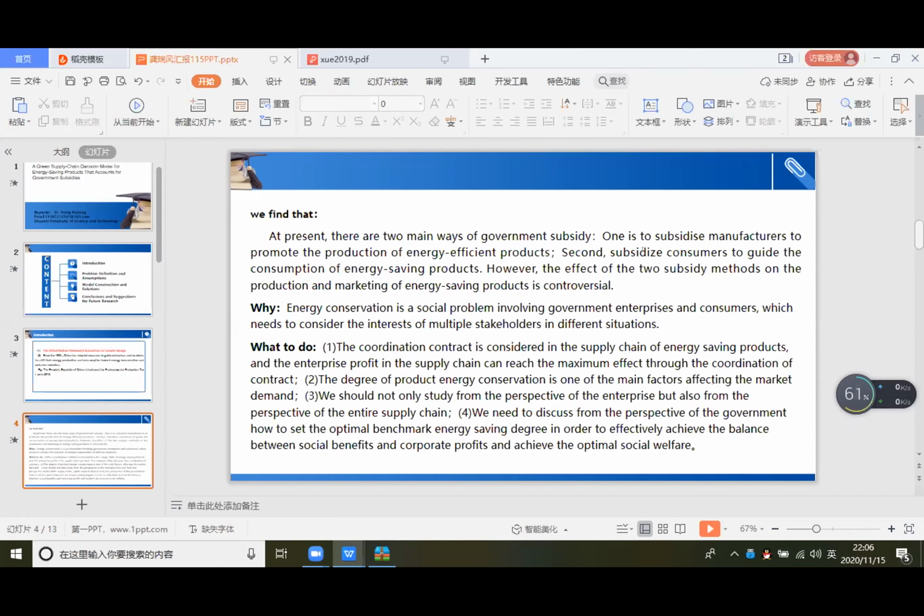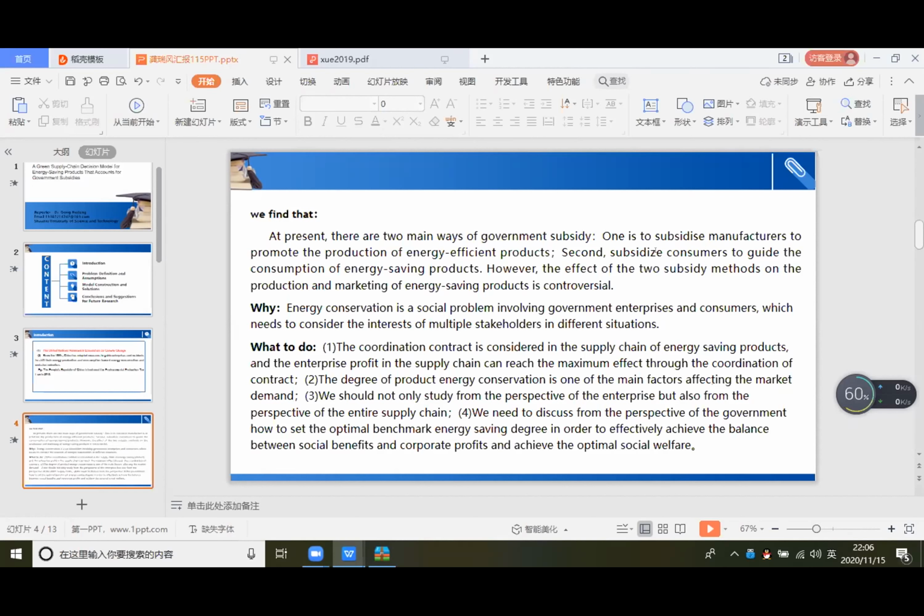Energy conservation is a social problem involving governments, enterprises, and consumers, which needs to consider the interests of multiple stakeholders in different situations.